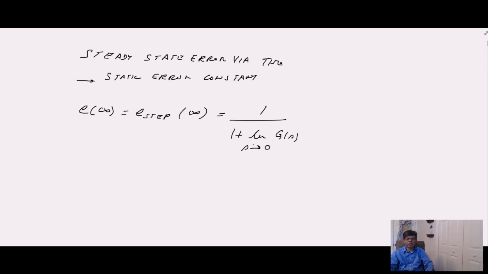Now this limit as s goes to 0 of G(s) is actually called the static error constant, and that is defined as Kp. So Kp is called the position constant.